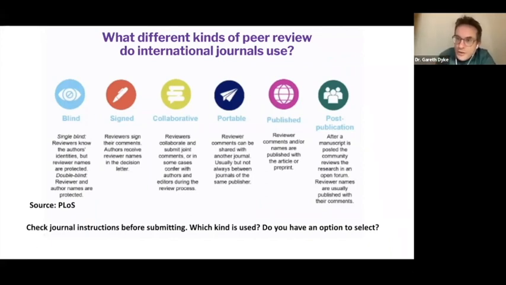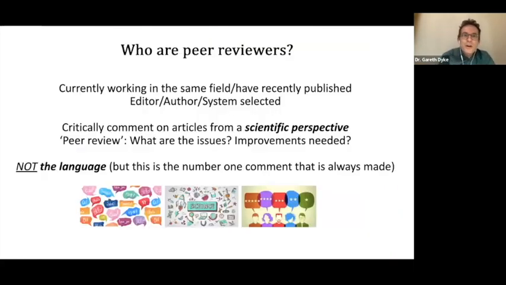A journal that uses double-blind peer review, you might feel is a better option for your research than a journal, for example, that's using transparent, completely open peer review. Be aware to make sure that you have the best chance of successfully publishing your research.